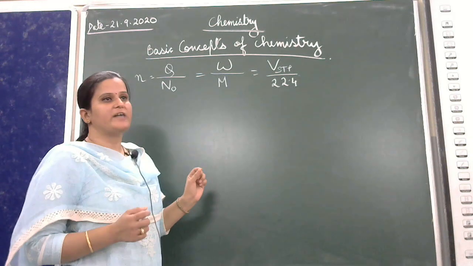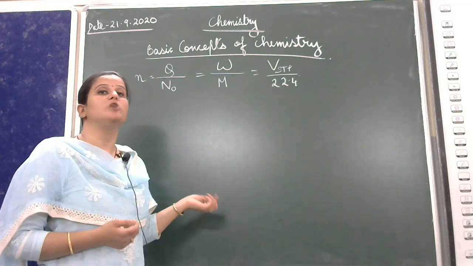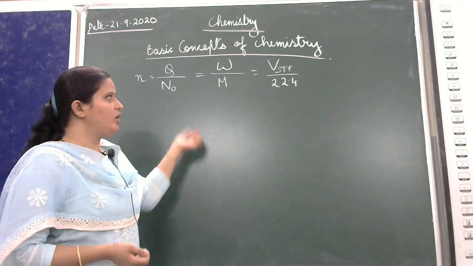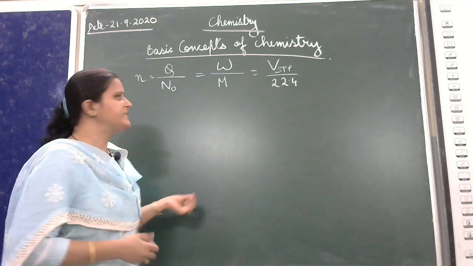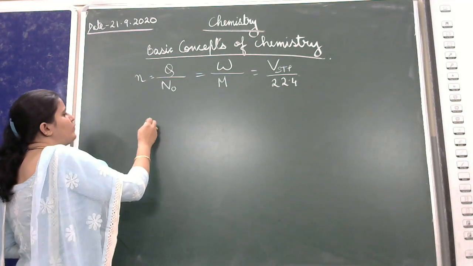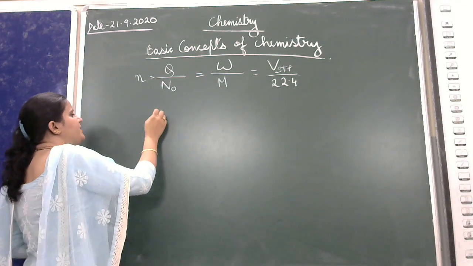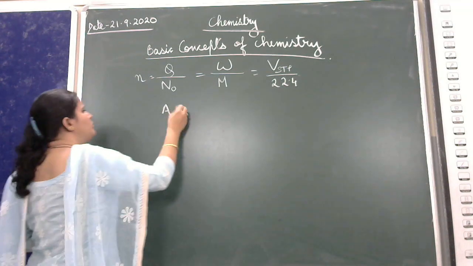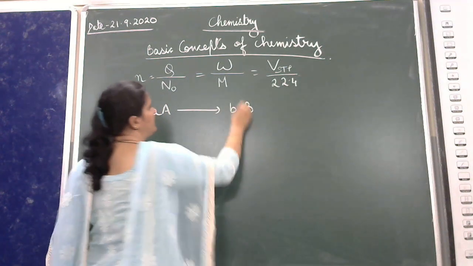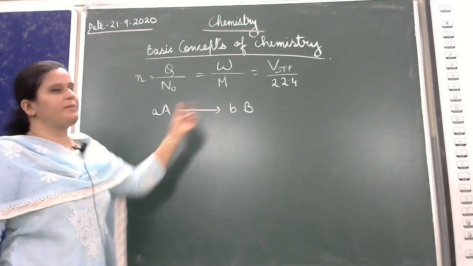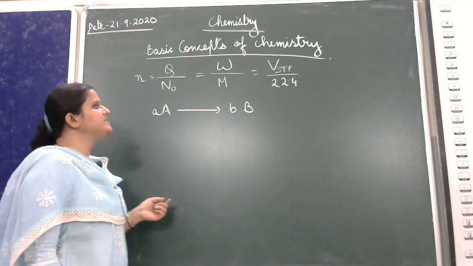In that chemical reaction, we are actually using the stoichiometric coefficient. I have already explained what a stoichiometric coefficient is. For that, see what we have done. If I take a reaction, suppose A to B, this is the chemical reaction. Here, what did I tell you?